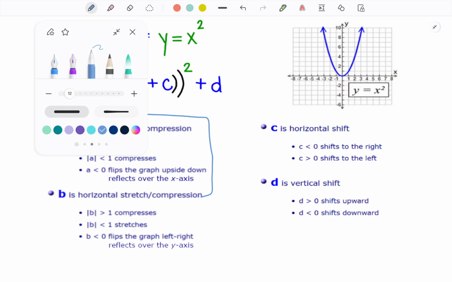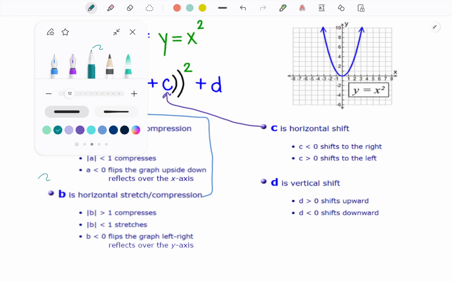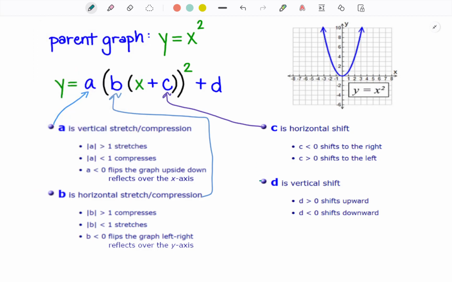And then your C value is also inside the parentheses because it's a horizontal shift. Notice everything horizontal is inside the parentheses. And then your vertical shift is on the end.